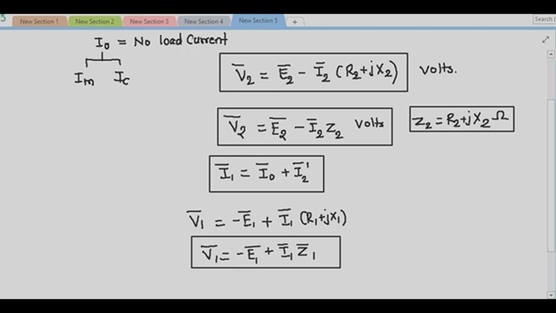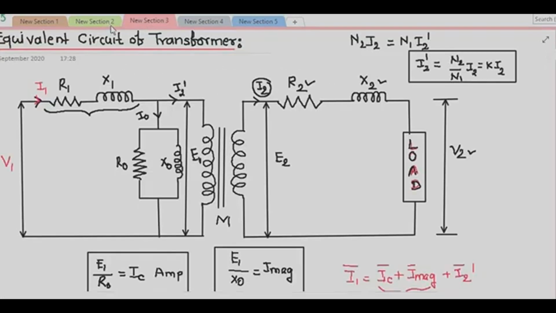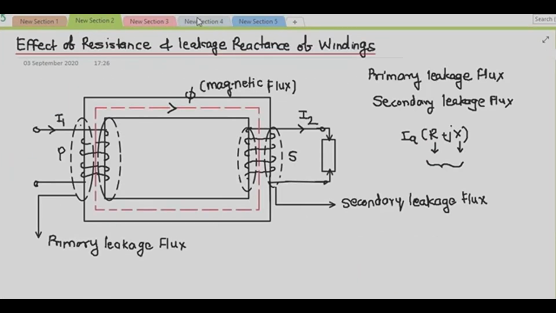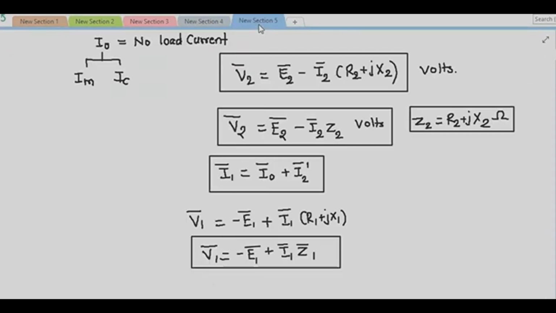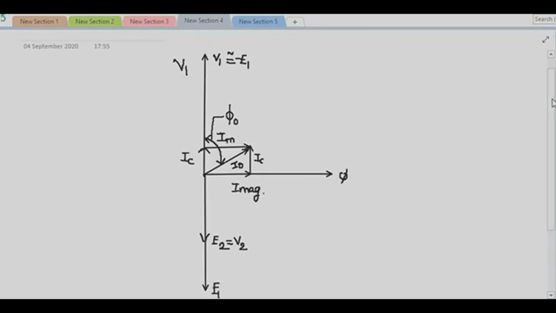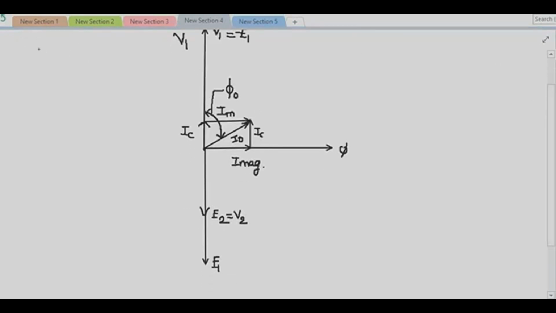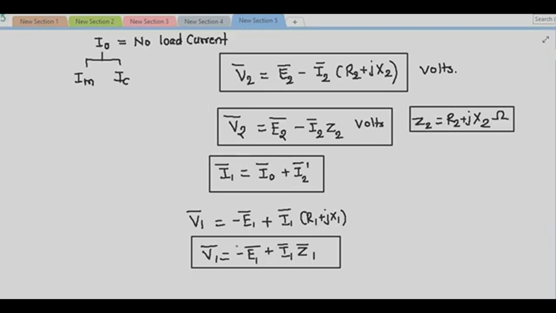Now why is this minus sign taken? When I cover the phasor diagram of the transformer on load, at that time I will tell you why E1 is minus. For the time being, remember that the primary impressed voltage V1 is given by the phasor addition of minus E1.